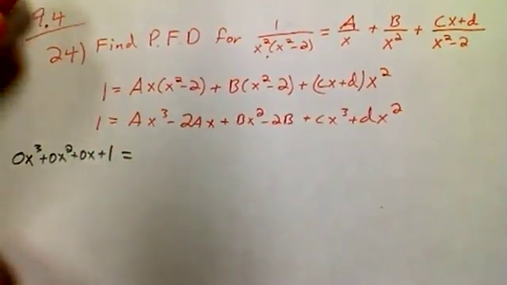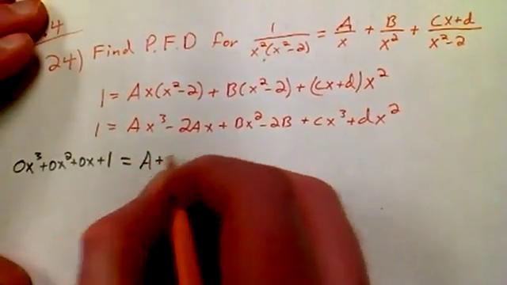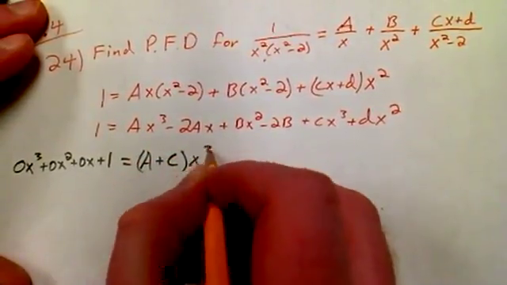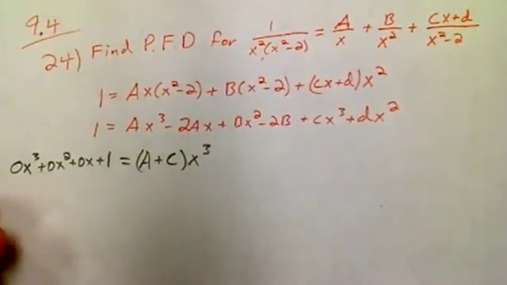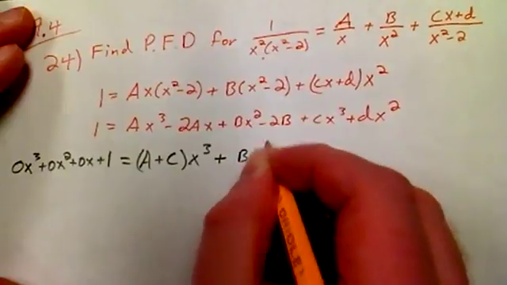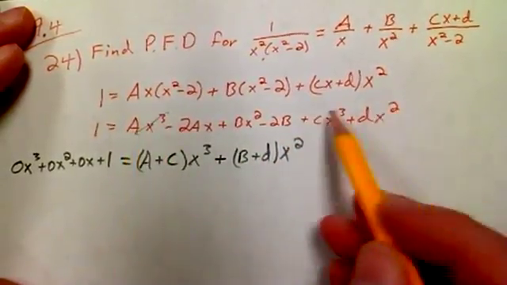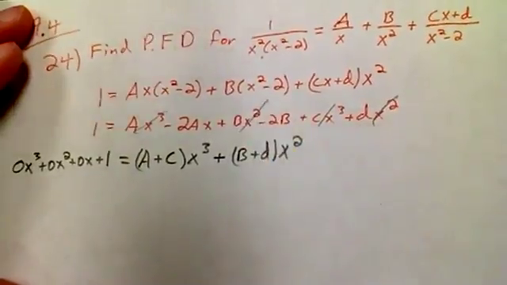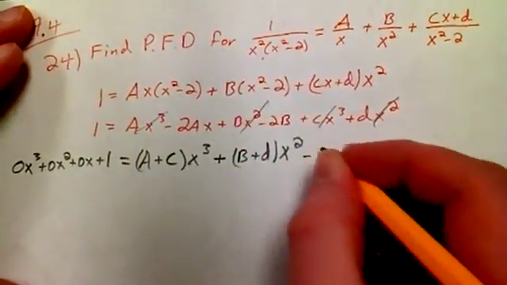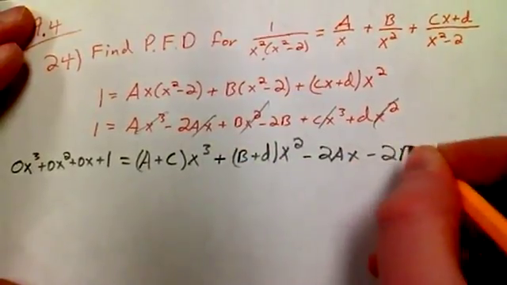And once again, I'm going to equate the coefficients by grouping things up. So over here, I could write this for my x cubed terms, just combining them, factoring out the x cubed, plus B plus D times x squared. So notice I've taken care of my x cubes, I've taken care of my x squareds, minus 2Ax minus 2B.